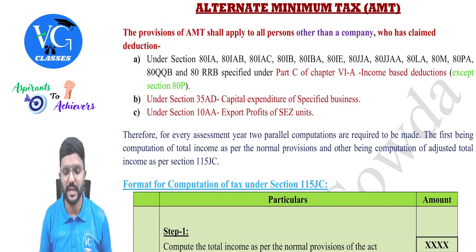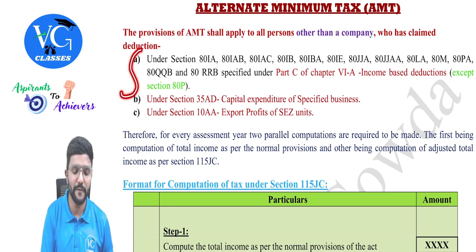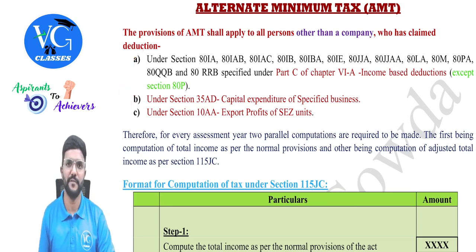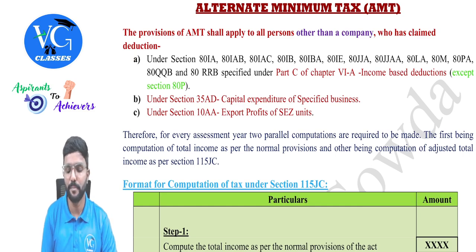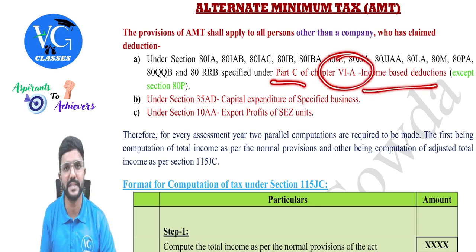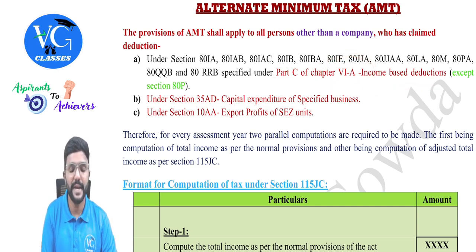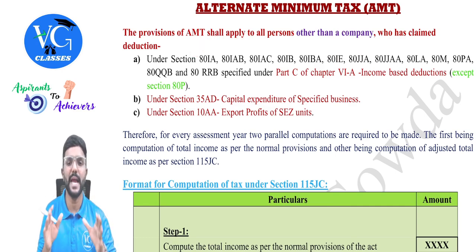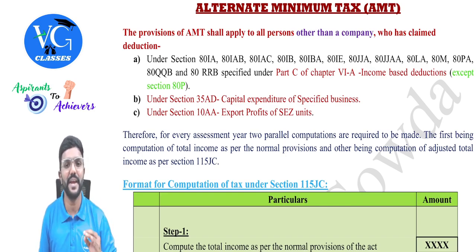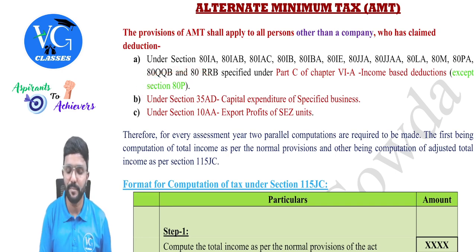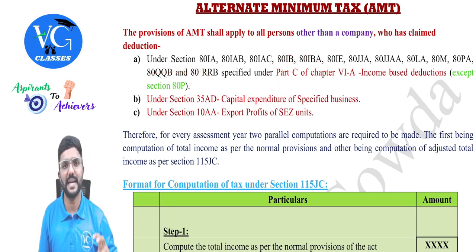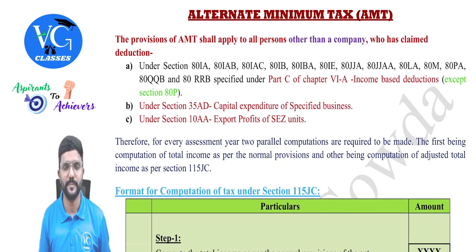The provisions of AMT shall apply to all persons other than a company who have claimed deduction under any of these categories, guys. Not all three, any of them. First, under Part C of Chapter 6A deductions, which we call income-based deductions, under Section 80IA, IAB, IAC, IB, IBA, IE, JJA, JJAA, LA, M, PA, QQB, and RRB, but except 80P. Even though 80P is a part of Part C of Chapter 6A, if an assessee has claimed deduction under Section 80P, AMT will not be applicable.